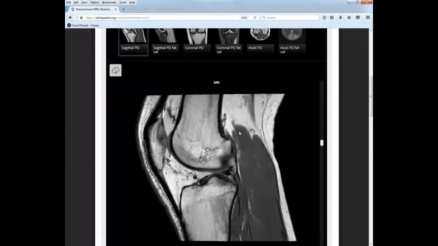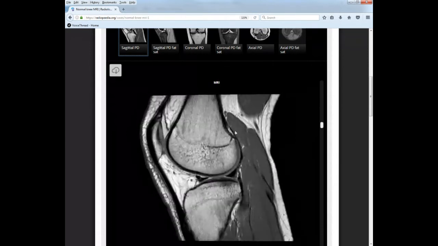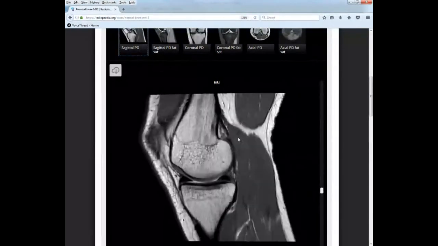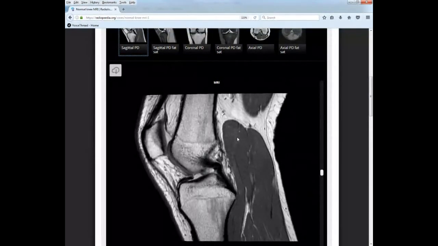All right, last but not least, we have the gastrocnemius muscle. The two heads of the gastrocnemius muscle come together to form the main part of what we would call the calf muscle, the defining look of what the calf muscle looks like.